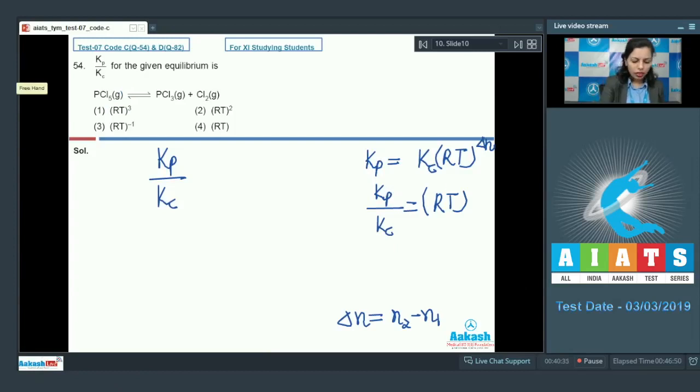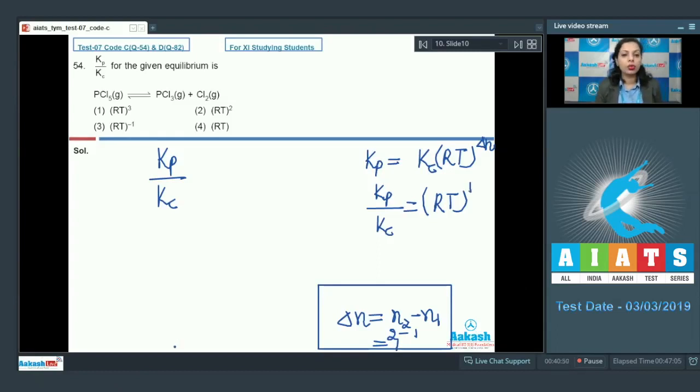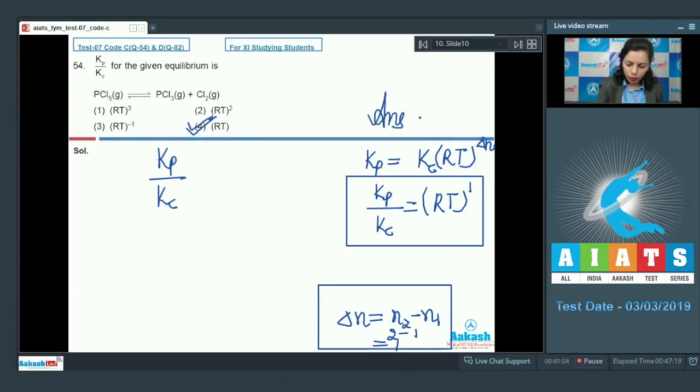So that's why N2 minus N1 becomes 2 minus 1. That's why it is 1. So on the basis of this we'll place here RT raised to the power 1. It means we have the correct relation between Kc and Kp. The ratio of Kp to Kc is RT, and this is correctly given here in option 4.